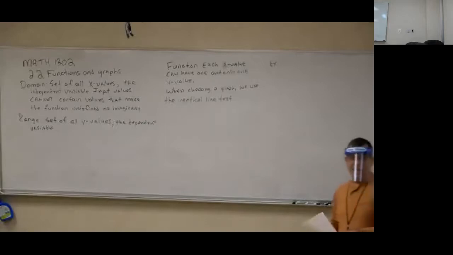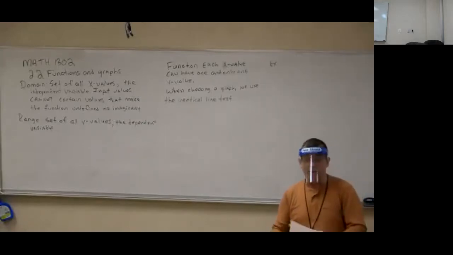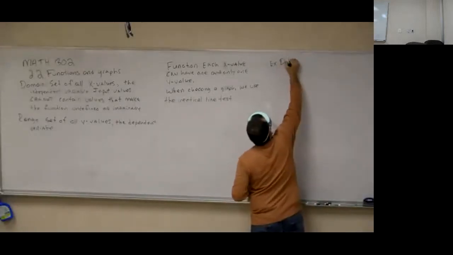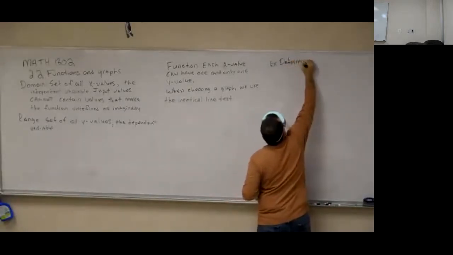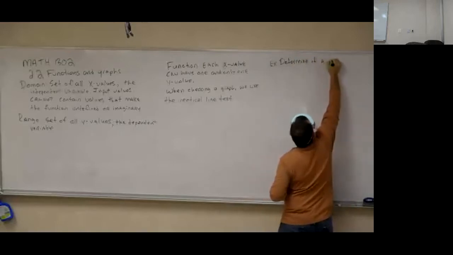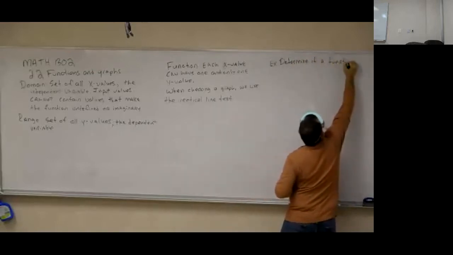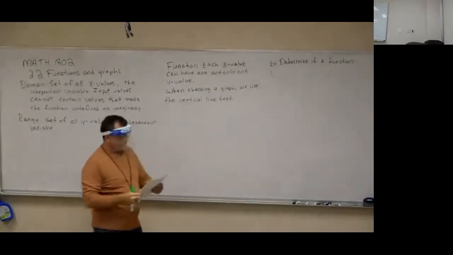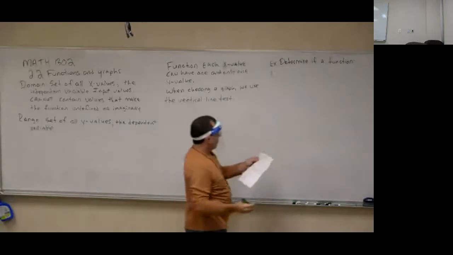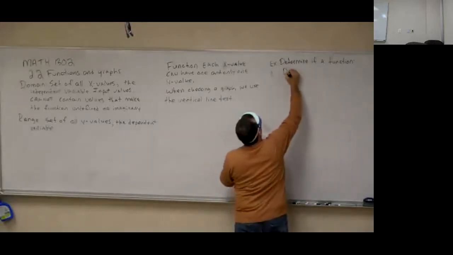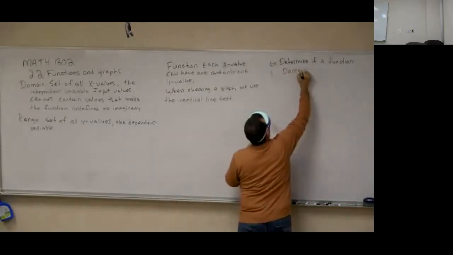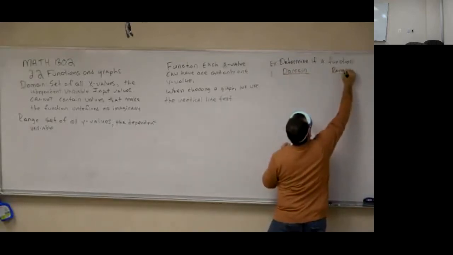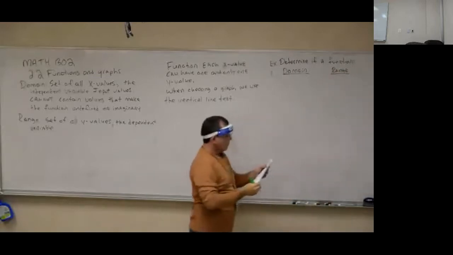All right, I'll just show you some examples that you're going to see in the first part of this. So we're going to determine if it's a function. I'm going to draw a little picture here.